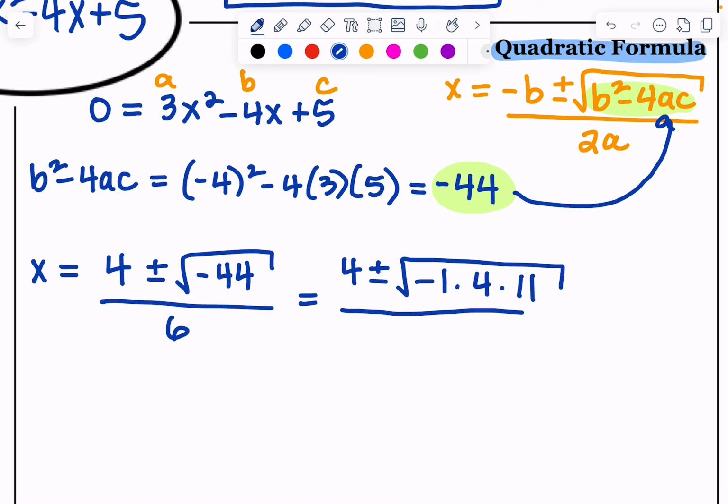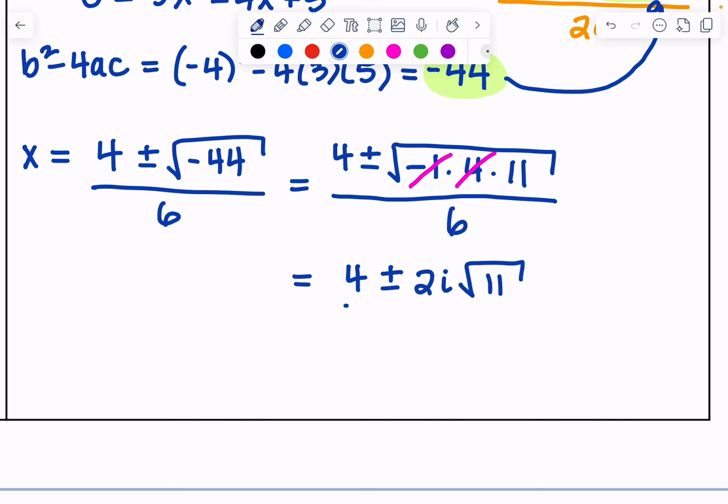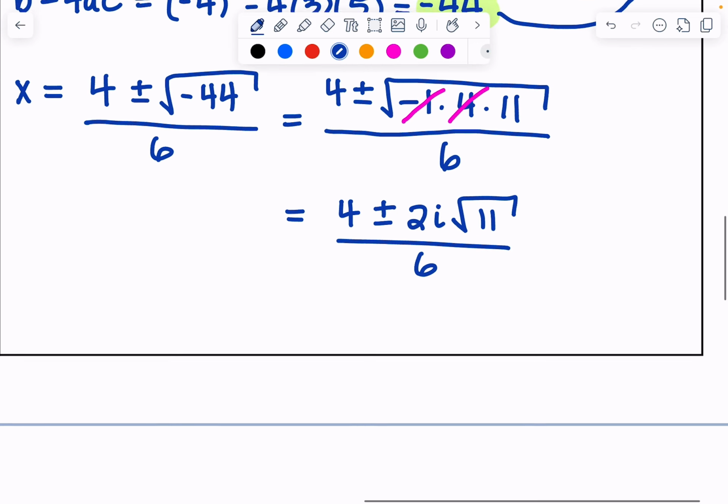We chose 4 times 11 because 4 is a perfect square. Now when we continue to simplify, we can take out this negative 1 and the 4. When we do that, we have 4 plus or minus 2i square root 11 all over 6.